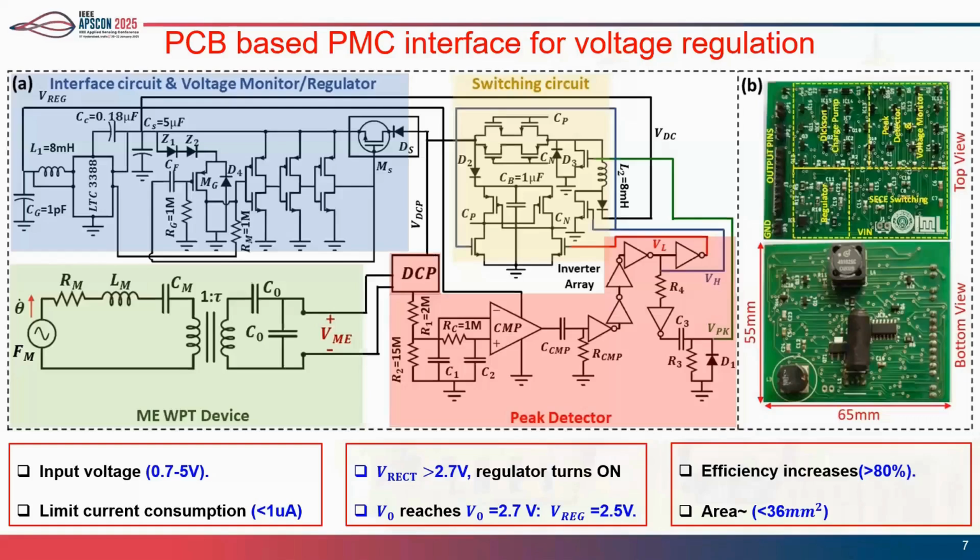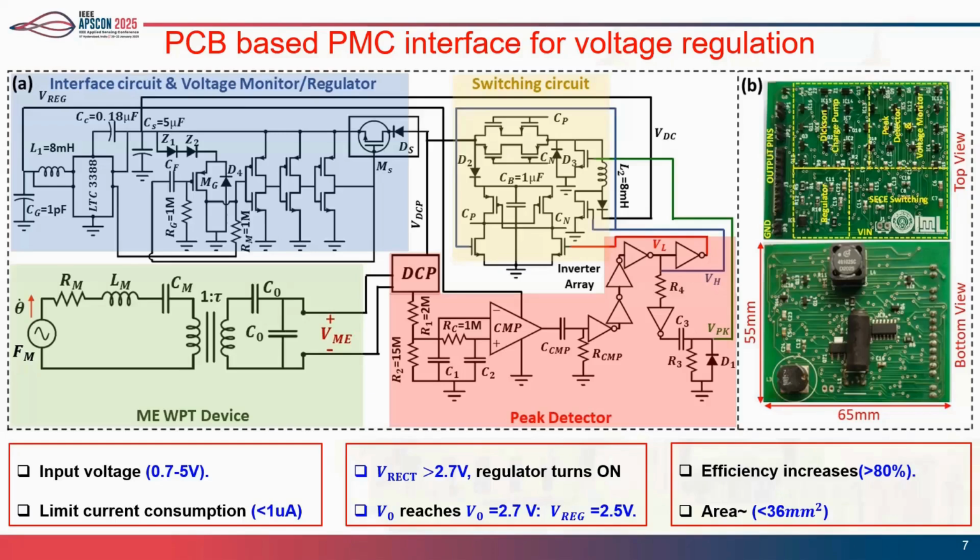And we have also used another interface, a power management circuit. We have designed and developed this circuit in our lab. This power management circuit consists of some buck converters, some regulators, and some DC-DC converters. It basically extracts the time varying voltage and generates a stable DC voltage from a range of 0.7 volt to 5 volt.